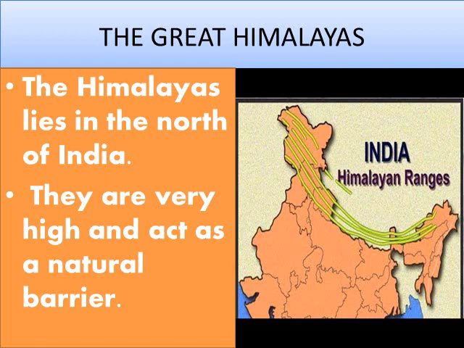So the Great Himalayas lie in the north of India. From this yellow part, this includes your Himalayas, which include the area of Jammu and Kashmir, Punjab, Himachal Pradesh, Uttarakhand.